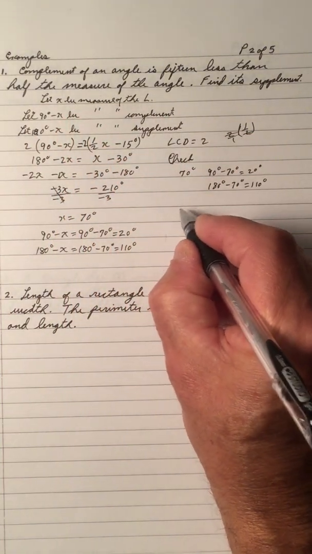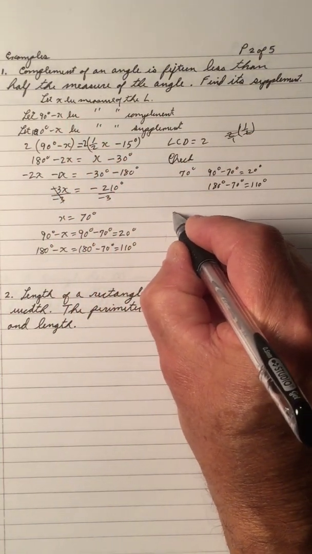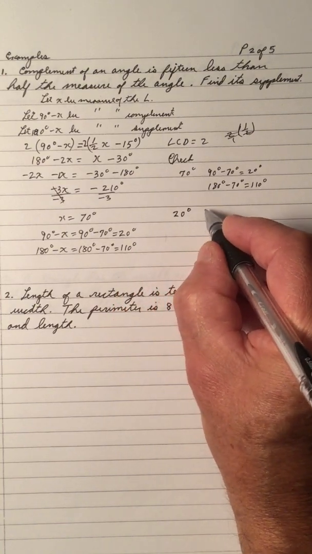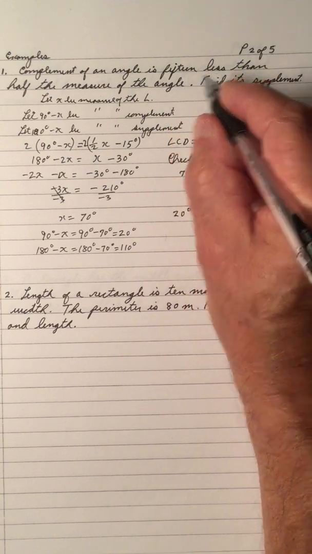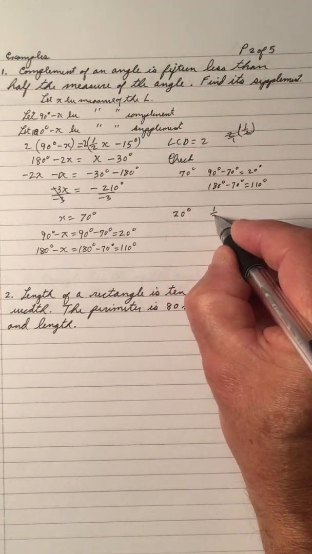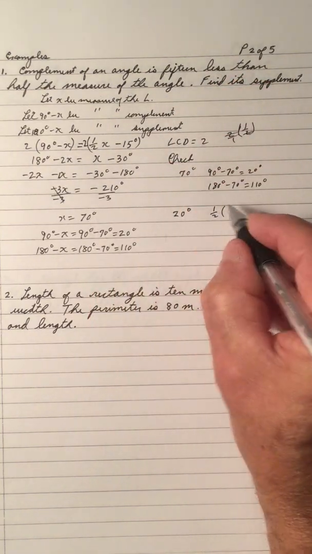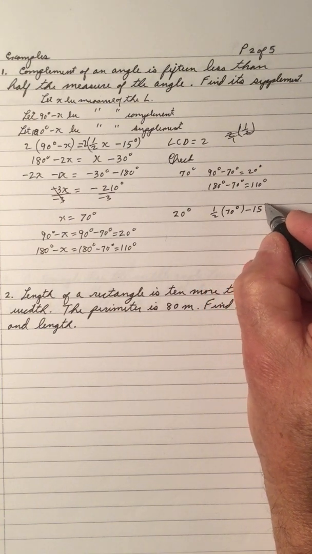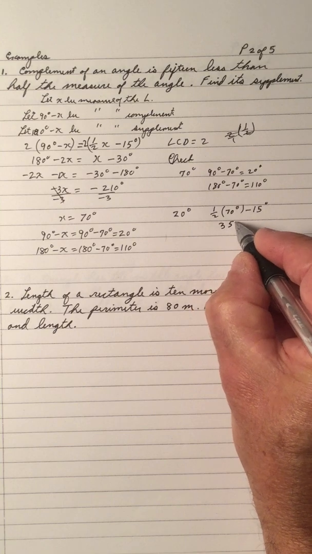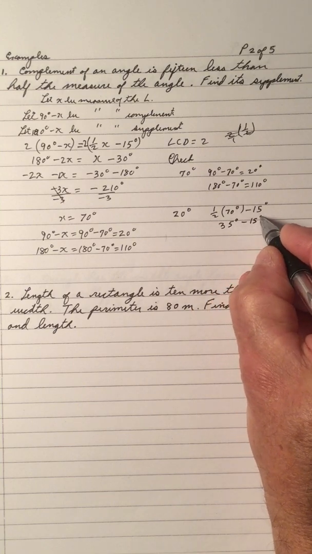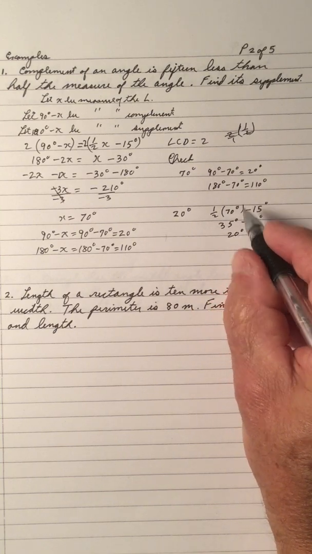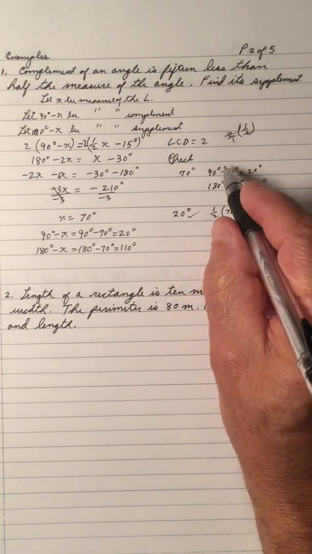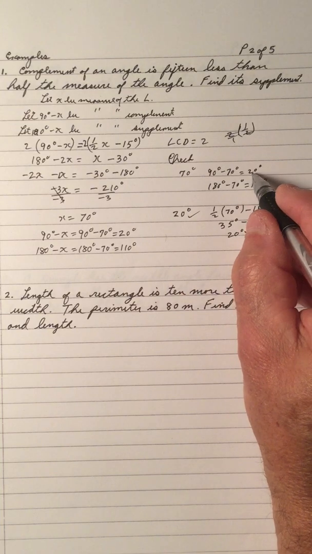So the complement is 90 minus x, the complement is 20, is 15 less than half the angle. So half the measure of the angle, which is 70. So a half of 70, subtract 15. So that's 35, subtract 15 degrees, and we get 20.